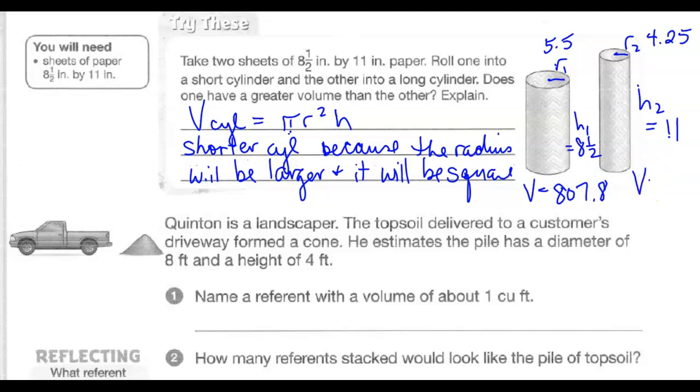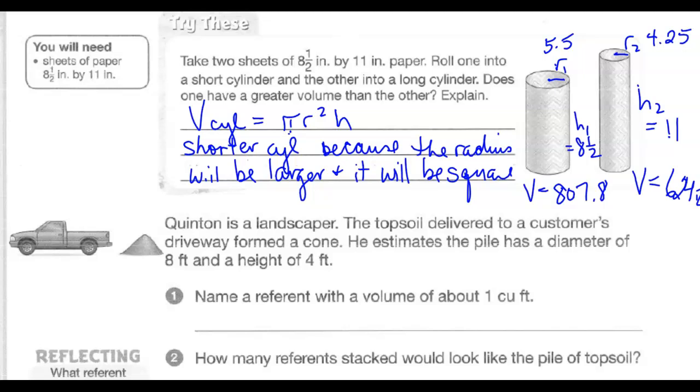And the other one, the volume would be pi times 4.25 squared times 11, which would be 624.2. So you can see that it would be the shorter cylinder.